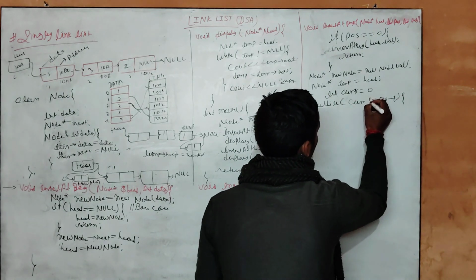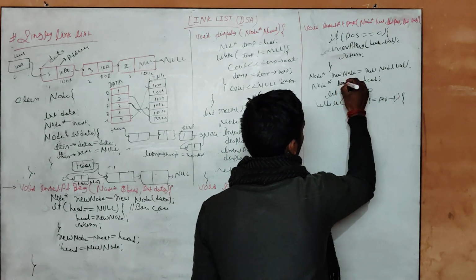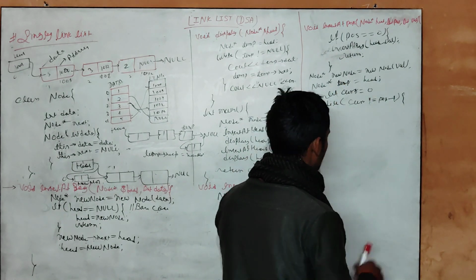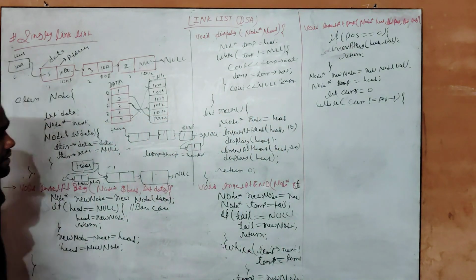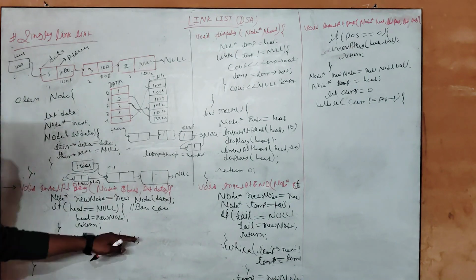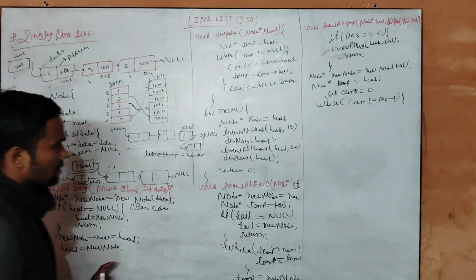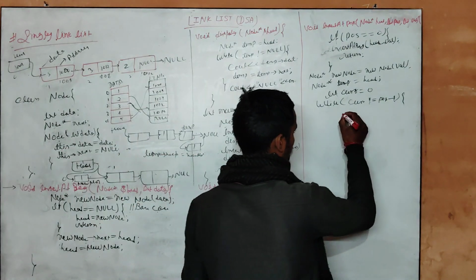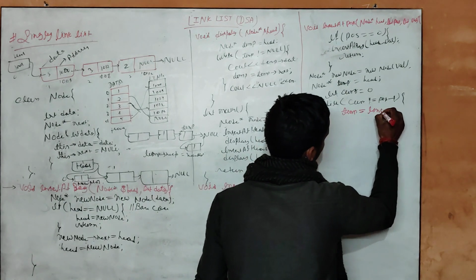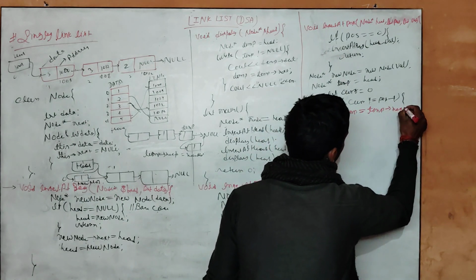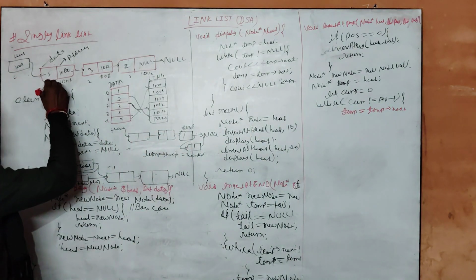Then I am creating one temp node here. Then I am writing here temp is equal to temp of next. Suppose this node is temporary.